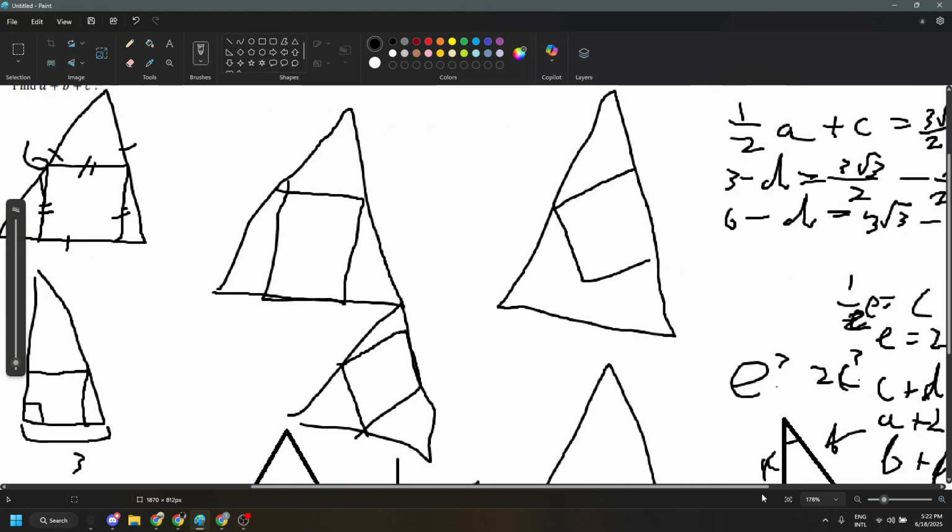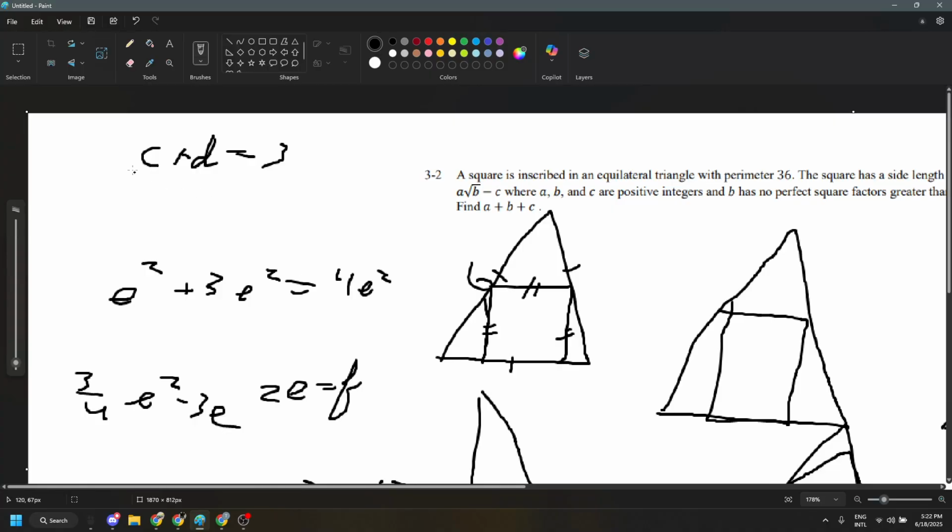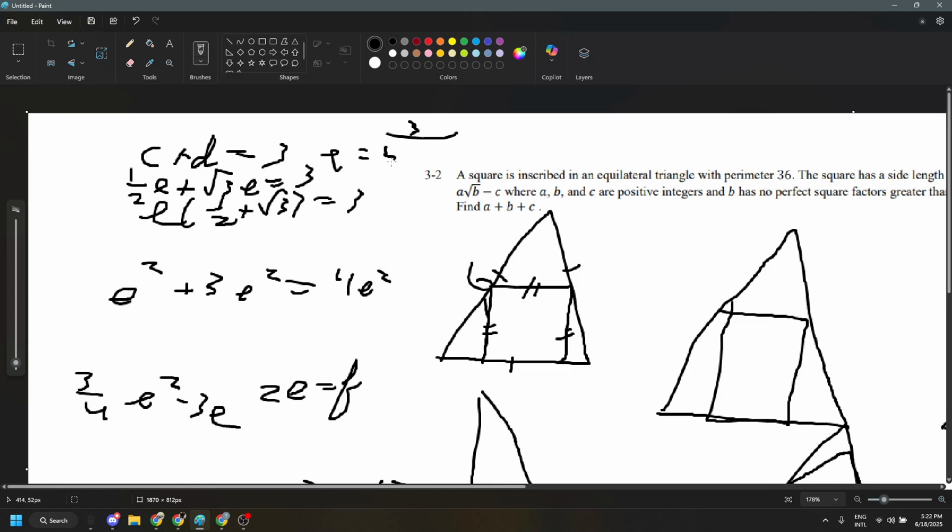C is 1/2 E plus root 3 E is equal to 3. So E times (1/2 plus root 3) is equal to 3. E is equal to 3 over (1/2 plus root 3).